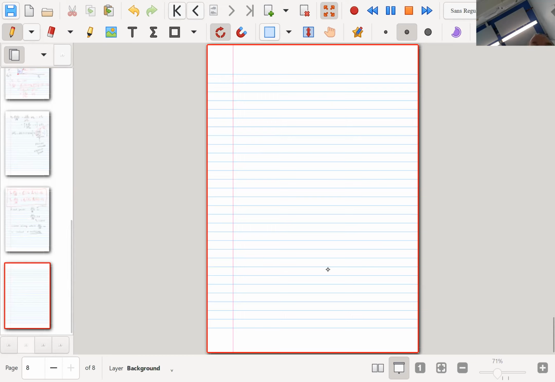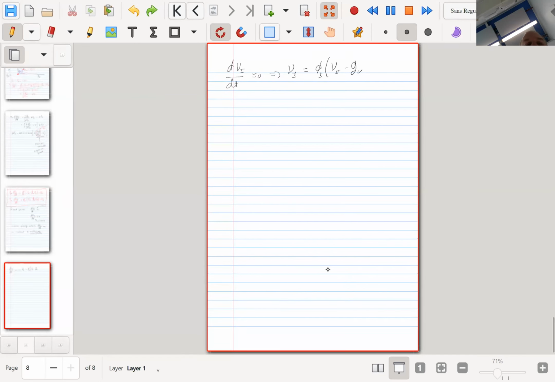Okay, so dν_I/dt equals 0 implies ν_I equals φ_I of (ν_E minus g_I ν_I).